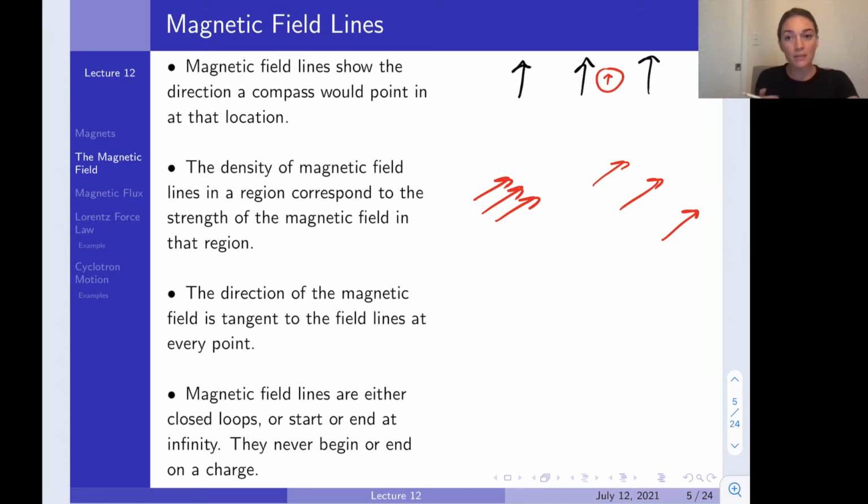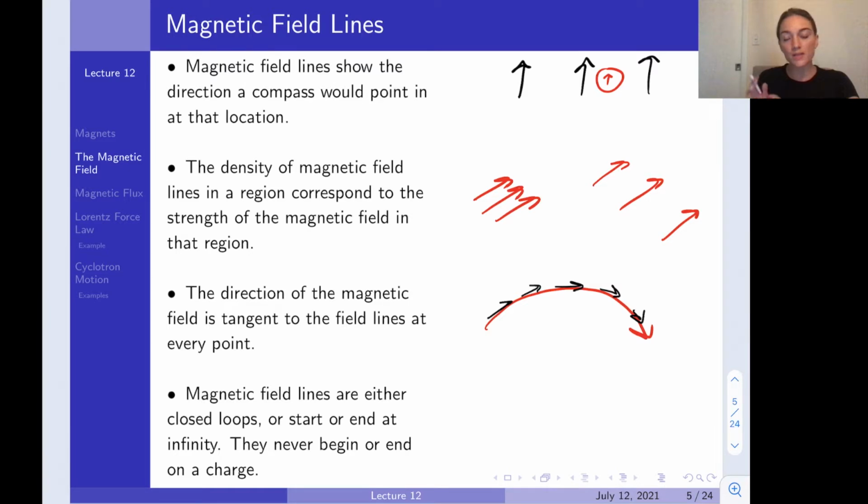Again, the same as in the case of the electric field, the direction of the magnetic field, the vector field, is tangent to the field lines at every point. So when we have a magnetic field line that goes like this, the magnetic field is tangent at every point to that field line.